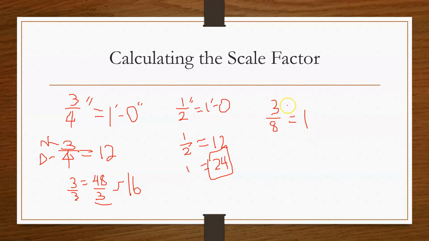These are automatically in the same units. It's 3/8 inches over here and it's 1 inch over here. So if I multiply the 8 times the 1, I simply get 3 equal to 8. And then I'm just going to divide both of these and I'll have 8/3, right? All right, so I can either put that in fraction form or decimal form for you.